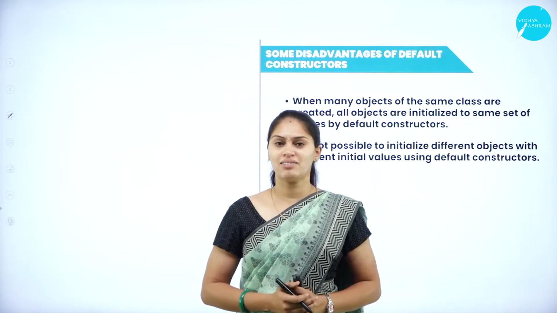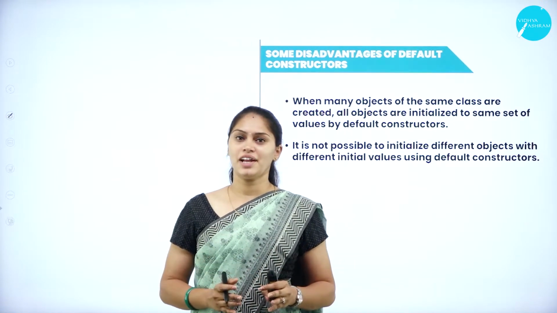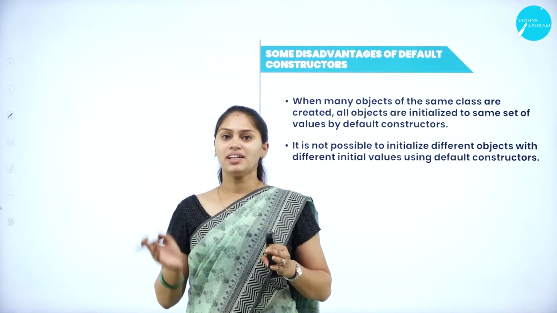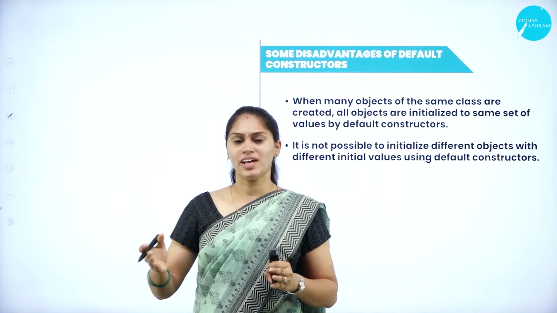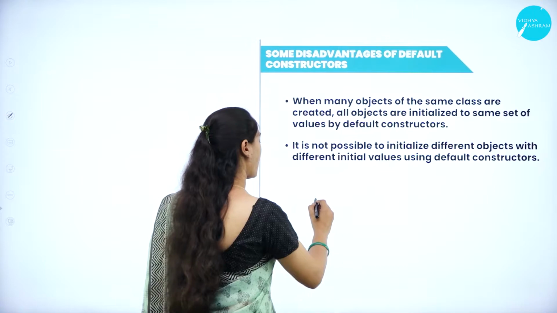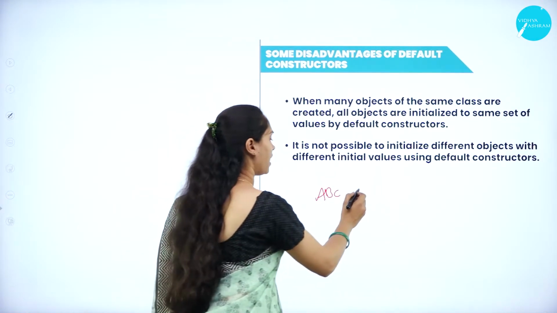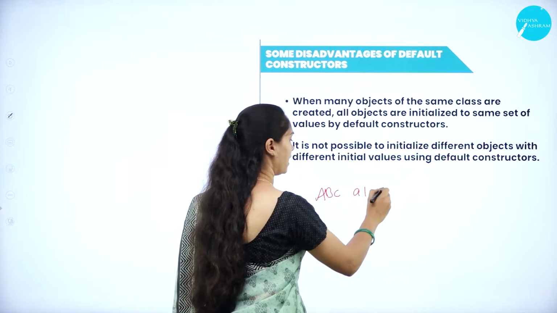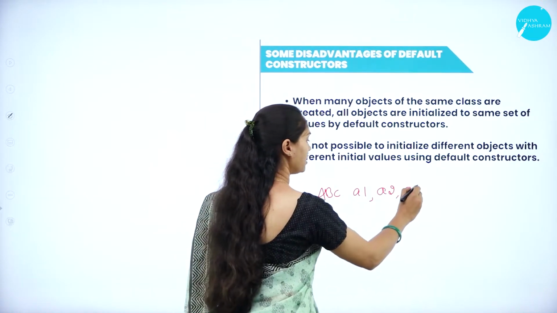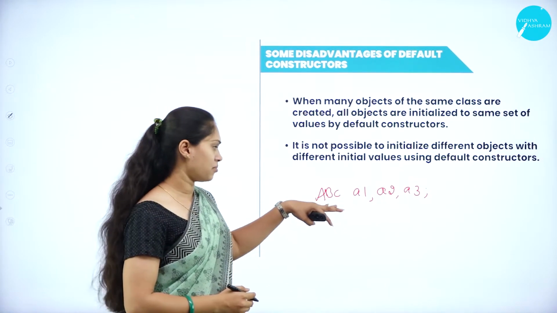So what are the disadvantages? By making use of this default constructor, I cannot initialize different objects with different sets of values. For example, let me have one class ABC. Here I have a class called ABC and I have 3 objects, namely A1, A2 and A3. So what are the 3 objects that I have for the class ABC?